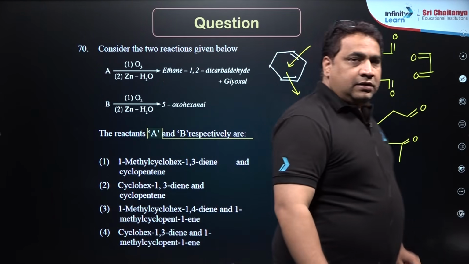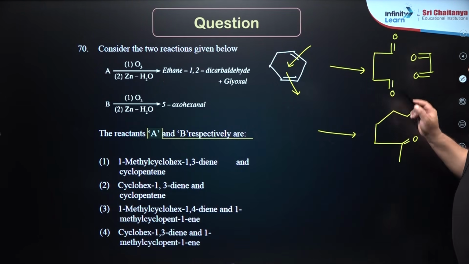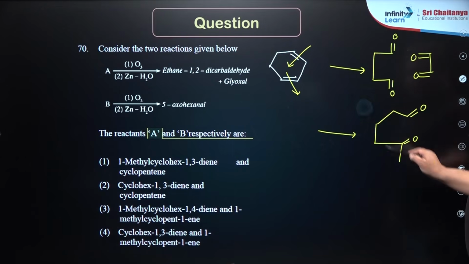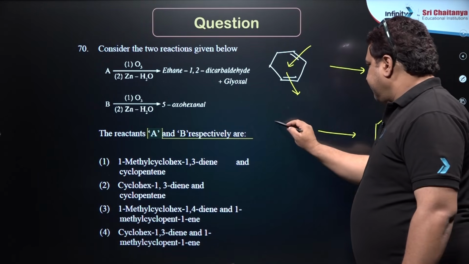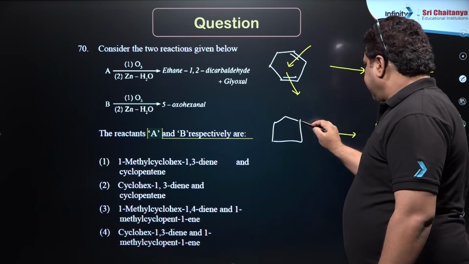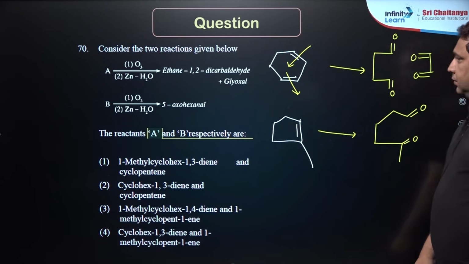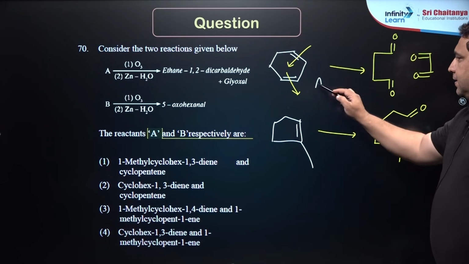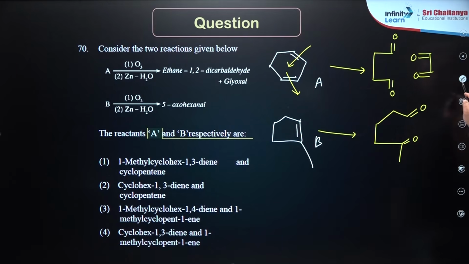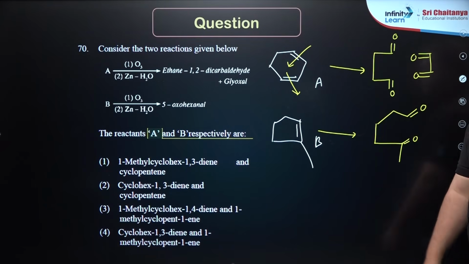There is glycol, this is succinaldehyde. Next, this compound, if you go in reverse, right. So this is compound A, compound B.